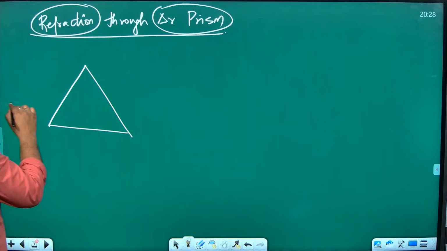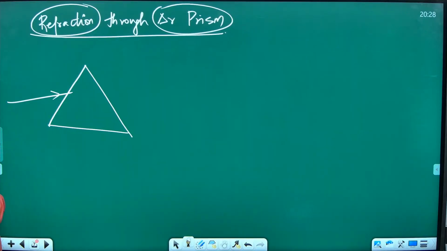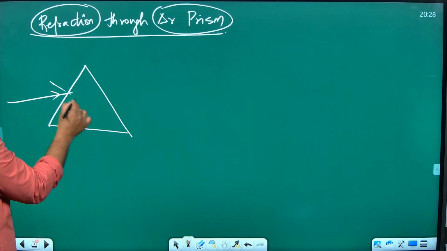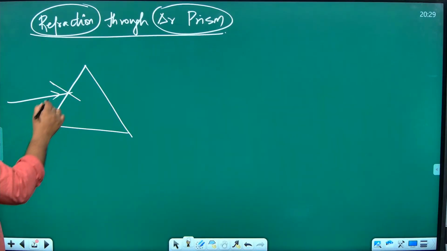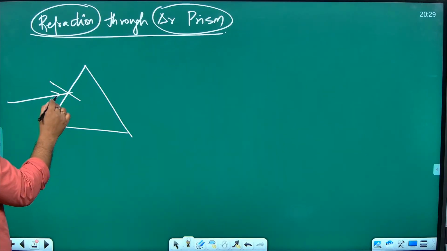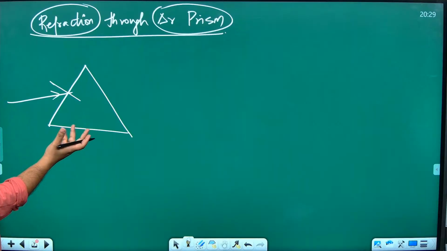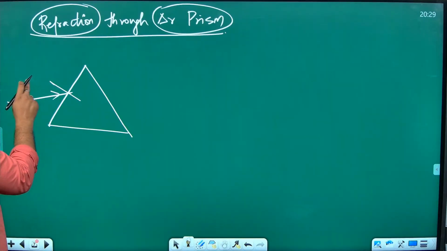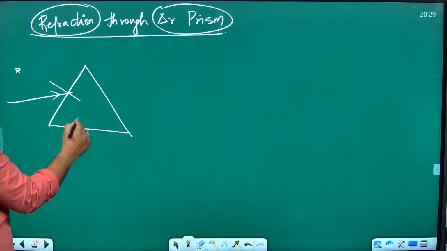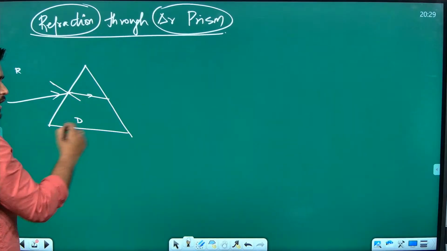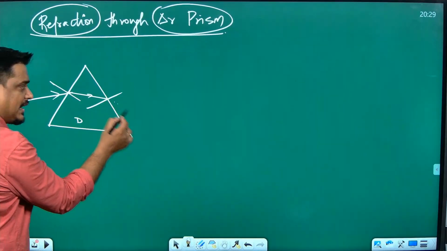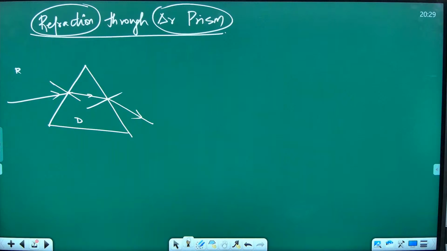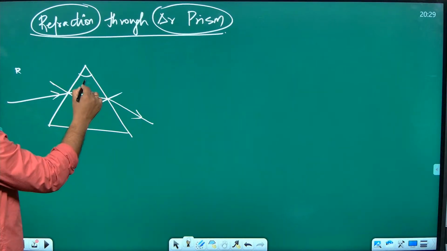If light enters like this, first step will be, you will draw the normal. The angle of refraction will be less than the angle of incidence, because it's going from a rarer medium to a denser medium. It will go like this. Once again you will draw the normal, it will come out like this, isn't it? This angle is called the angle of prism.